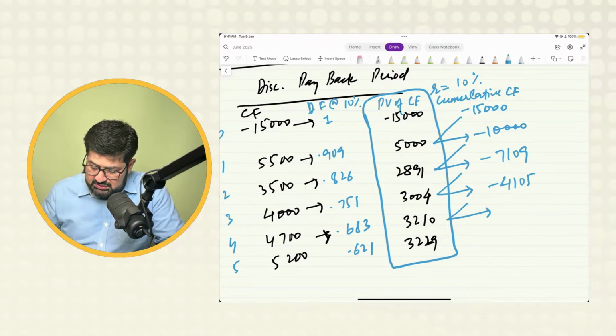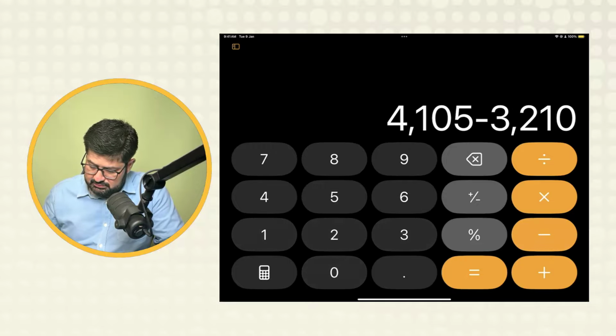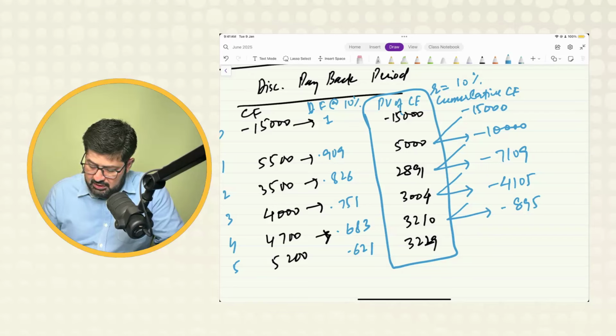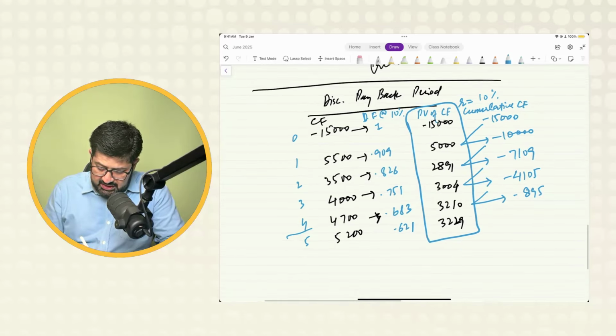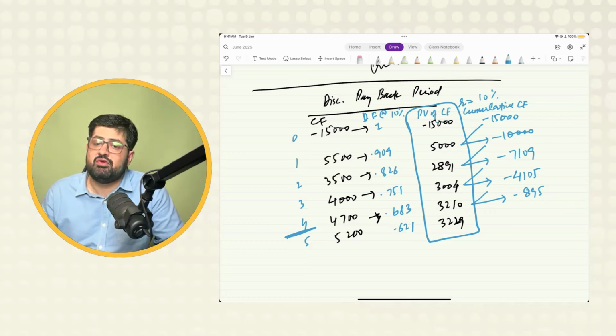Then 3,210 recovered. 895. You see here, 4 complete years have been exhausted and we have not recovered our full investment yet.